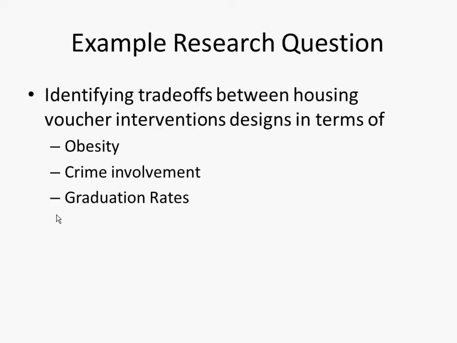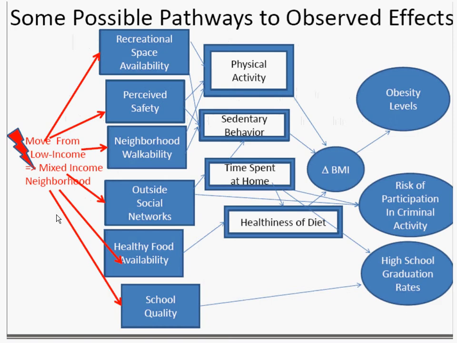What we see in studies like the Moving to Opportunity study in the States is a fairly mixed bag of outcomes. In Moving to Opportunity, a large-scale housing voucher intervention study, as a result of moving people from low-income communities to mixed income, we saw favorable obesity changes, that is, lowering of obesity rates among teenage girls, lowering of involvement in criminal activity, and improvement in high school graduation rates.